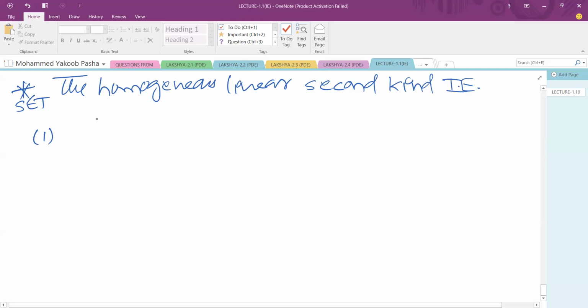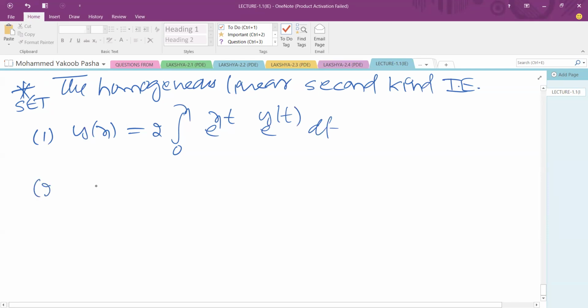First option: y of x is equal to 2 into integral 0 to x of e to the power of x t y of t dt. Second option: 3 into integral 0 to 1 of e to the power of x minus t y of t dt is equal to sin x.